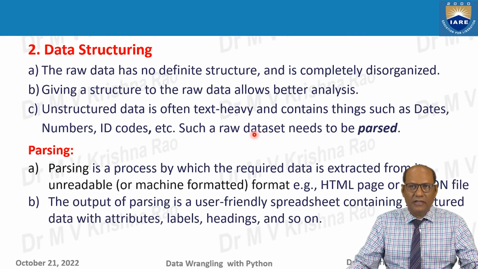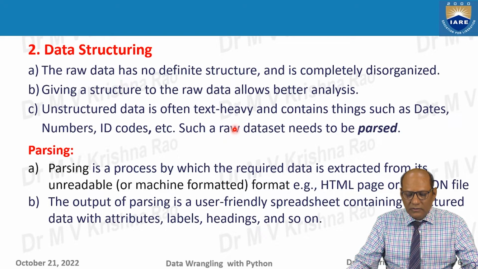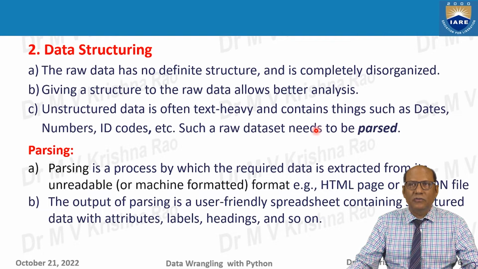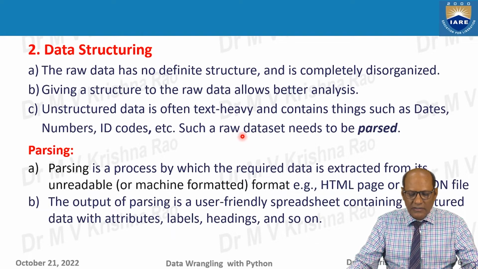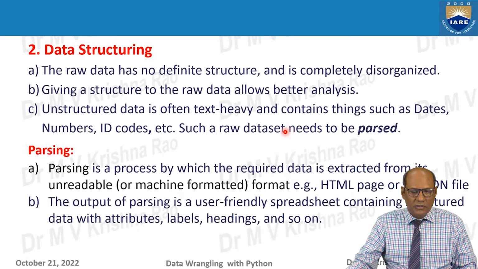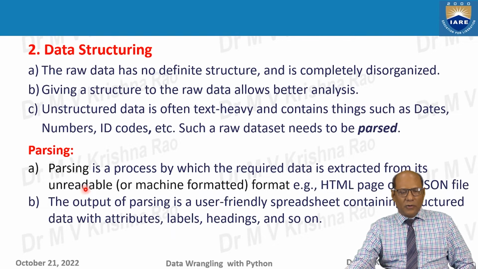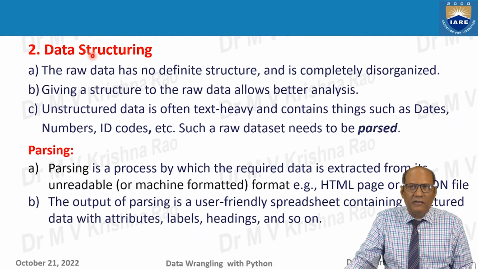The raw data, whatever we have collected, has separators and different characters. So we have to understand them, and before that we have to parse it. Parsing means we have to separate out the actual data from the additional characters. Then we go for the structuring. So parsing is a process in the beginning of the structuring.